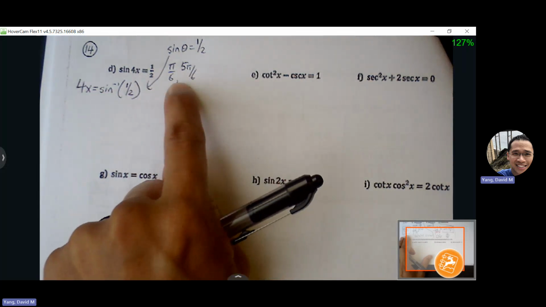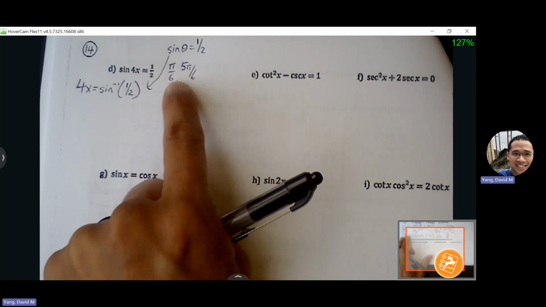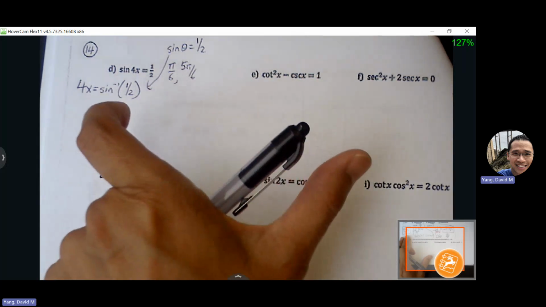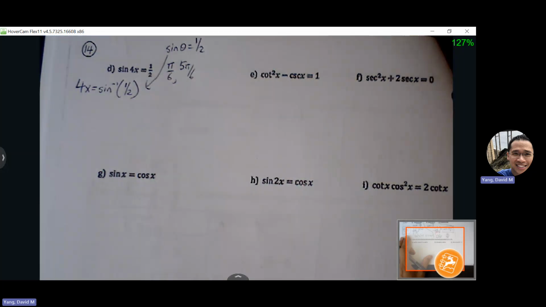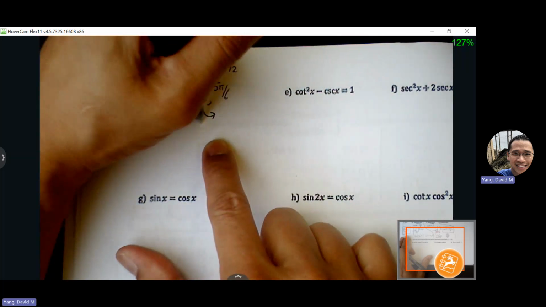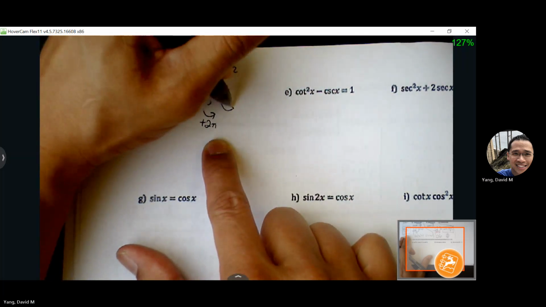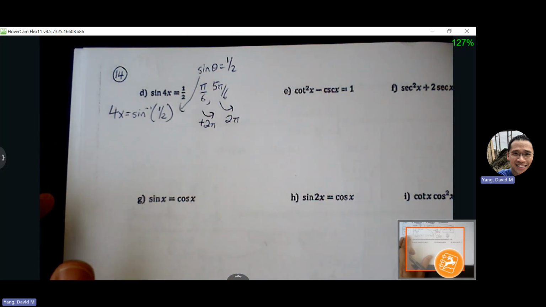We may have to add a bit more coterminal angles, expand it out so that when we divide by 4x and everything shrinks, we have our full set of x values that all land between 0 and 2 pi. So a little bit tedious here, just having to add 2 pi multiple times until eventually we have enough.